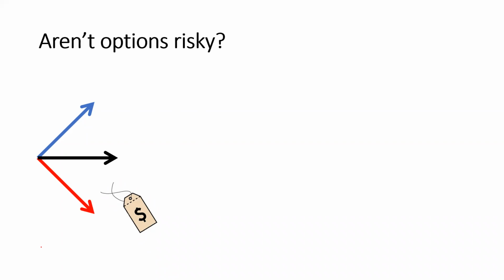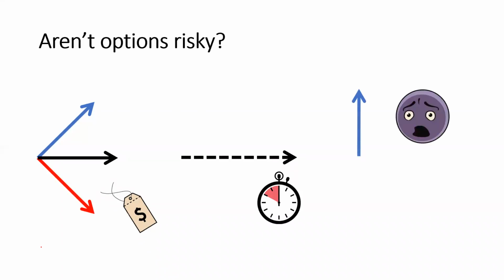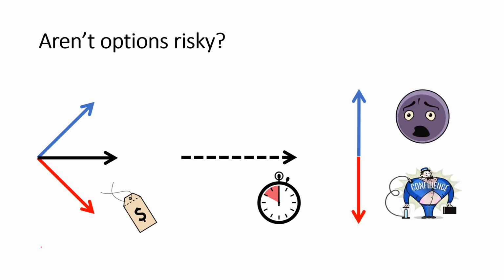goes sideways. And if you pull up some of those tickers that I showed you in the beginning, we'll come back and look at that list in a couple minutes. Most of them are going sideways because you can also make money just by time passing by. And like I hinted, some really engaged option traders make money based on the fear and confidence in the market. So options have all these facets.